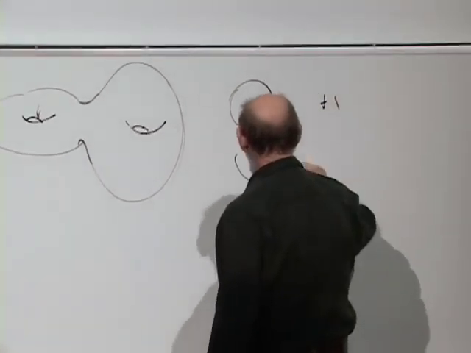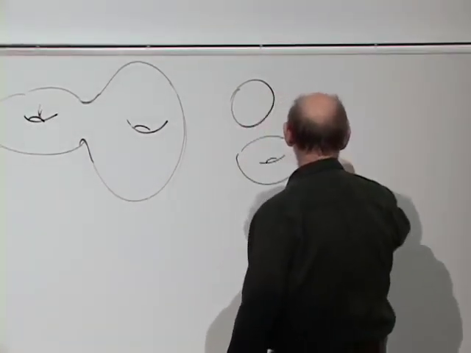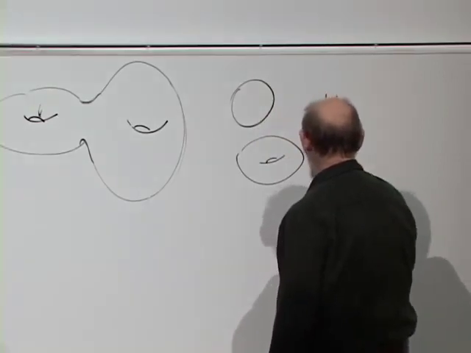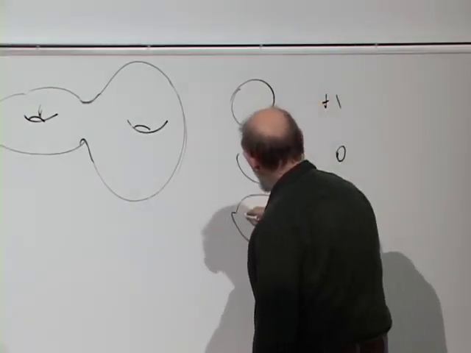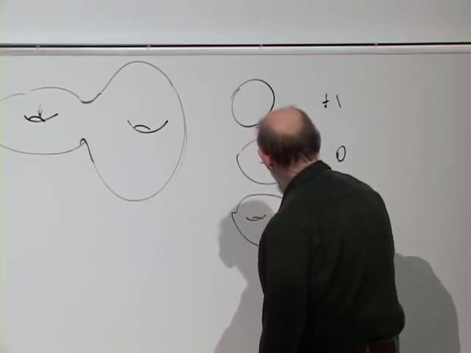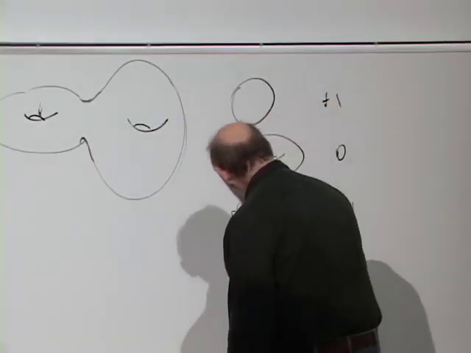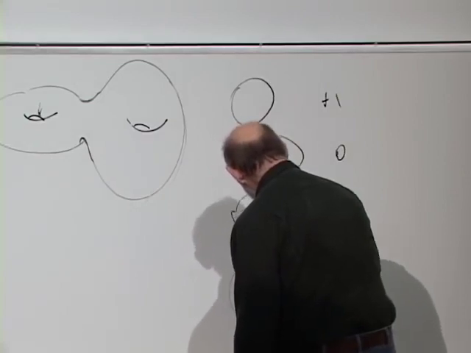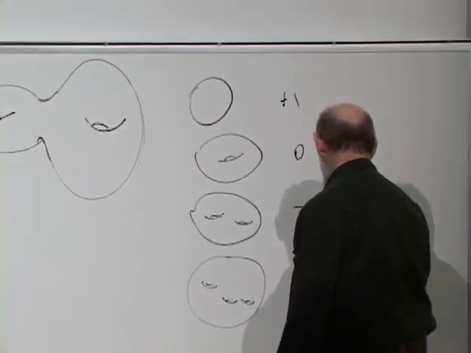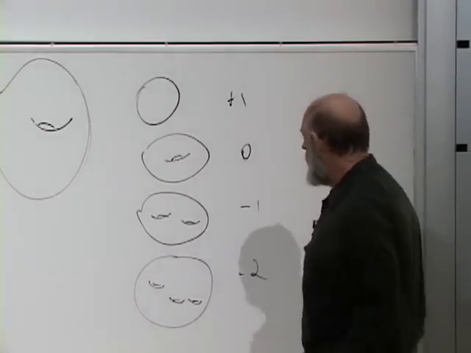The integrated curvature for any torus is 0. The integrated curvature for a torus with 2 holes in it is -1. With 3 holes, -2. And so it goes.